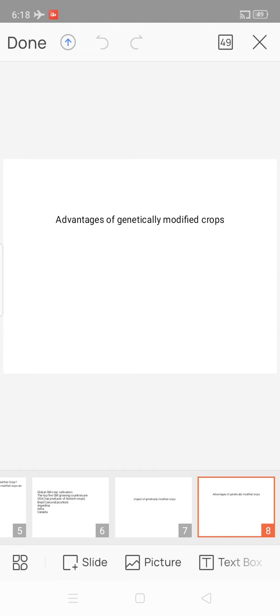And next topic is, what are the advantages of genetically modified crops? The benefits experienced by the developed world by usage of genetically modified crops are higher crop yielding, reduced farm cost, increased farm profit, safer environment, and more nutritional food.